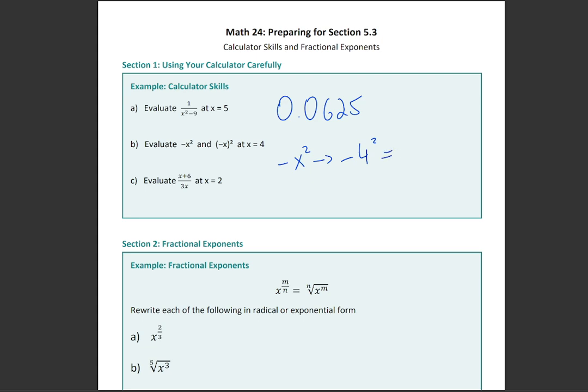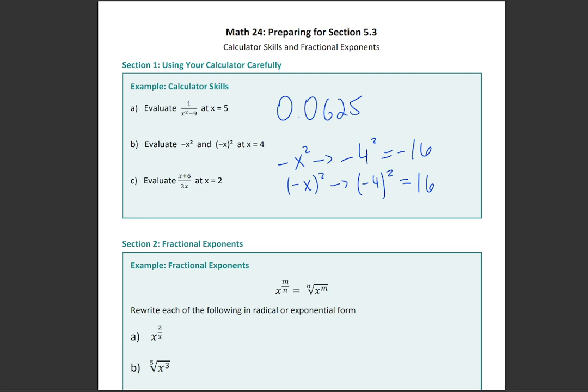Therefore, this comes out to negative 16. If I'm looking at negative x quantity squared and I plug in 4, then I have negative 4 quantity squared. There you can see the negative is inside the parentheses. It is also getting squared. Therefore, we have positive 16 here. It's another super common issue I saw on the test.